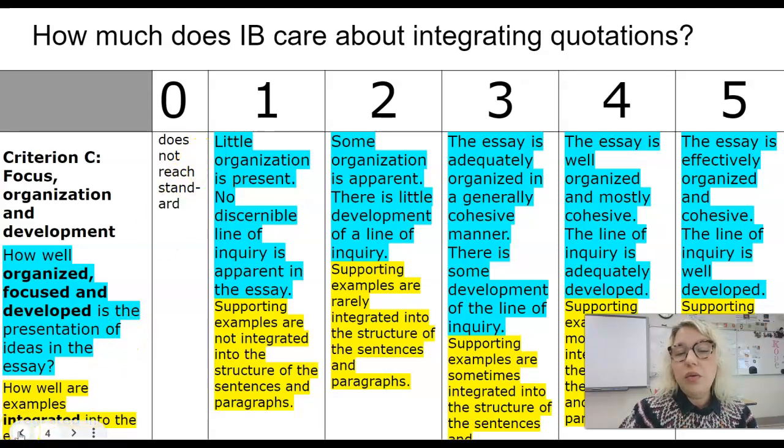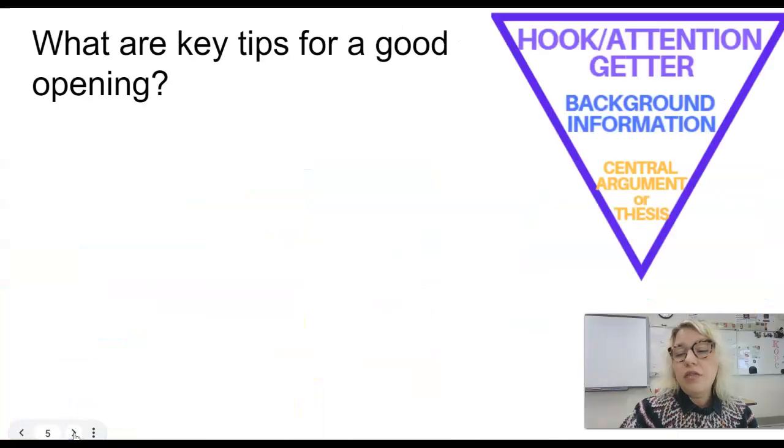All right, so let's take a look at some tips here to help you to score high on Criterion C. First of all, when you think about your introduction, think of it as an upside down pyramid, where you start with the information that everyone might understand.